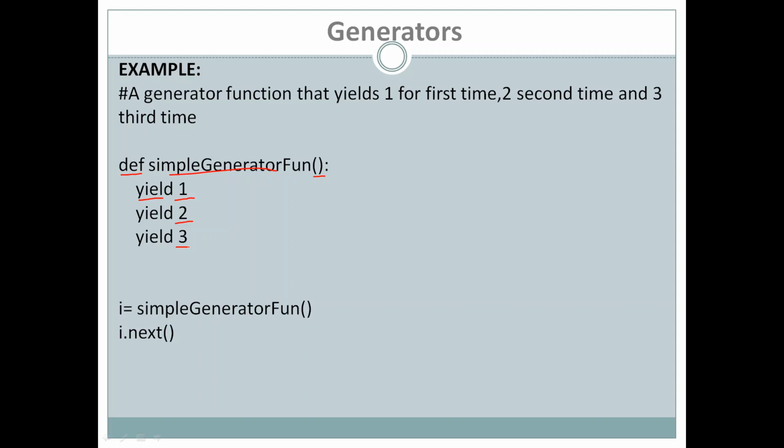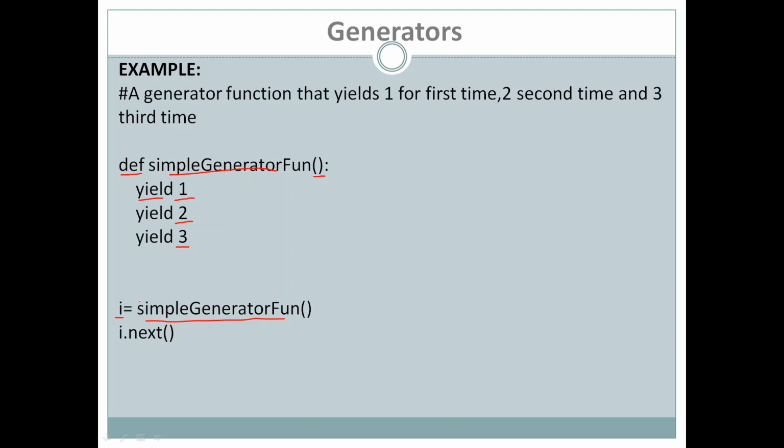Now how does this function work? So let us see how we call the function first. The first statement here, if you look, is i equals simple generator function, that is the function name.